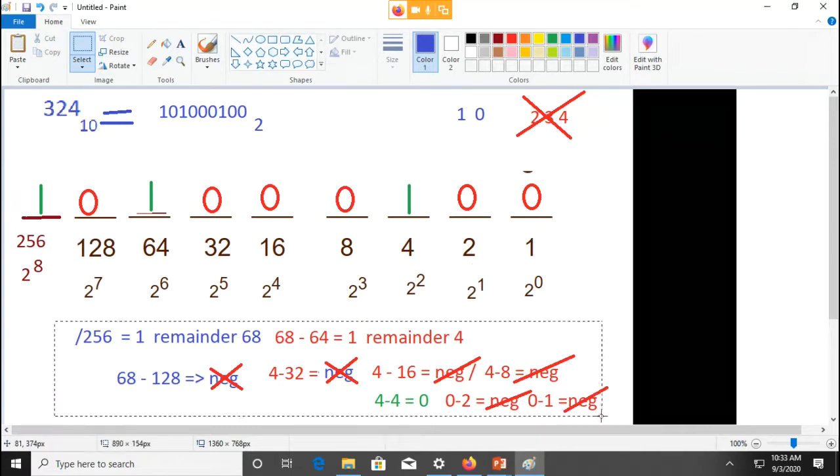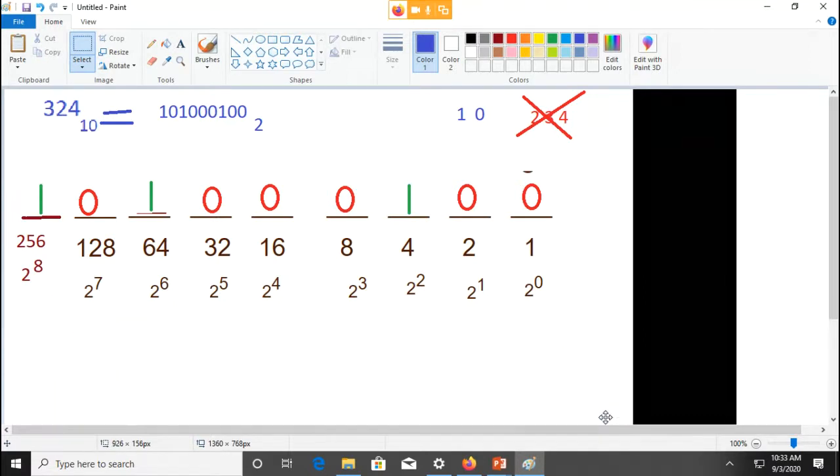If we wanted to go the other way, let's forget that we know that the number is 324. But we have this binary value, 101,000,100, and we want to convert this back to decimal. Well, how do we do that? What we do is we come along here and multiply these values.